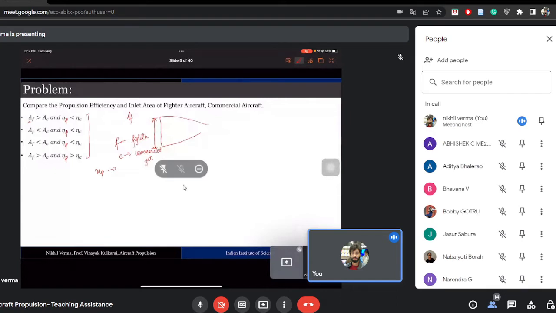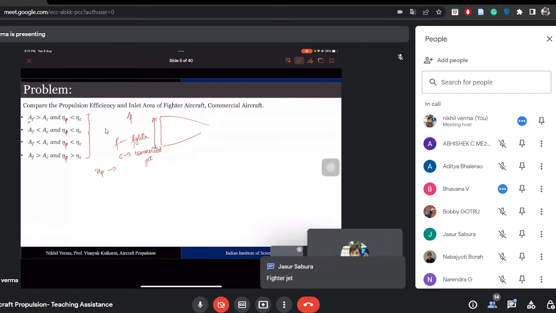What do you think about the propulsion efficiency? Let us comment on this first. Whether the propulsion efficiency for a fighter jet will be higher, or the propulsion efficiency for a commercial jet will be higher. Anyone, if you want to answer this. Fighter jet will be higher.